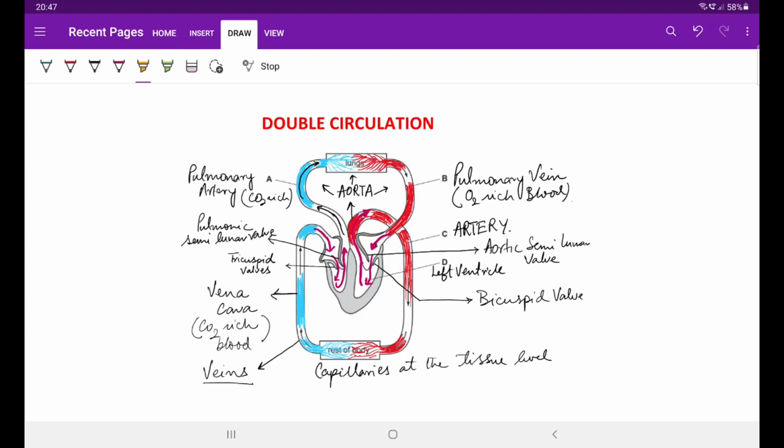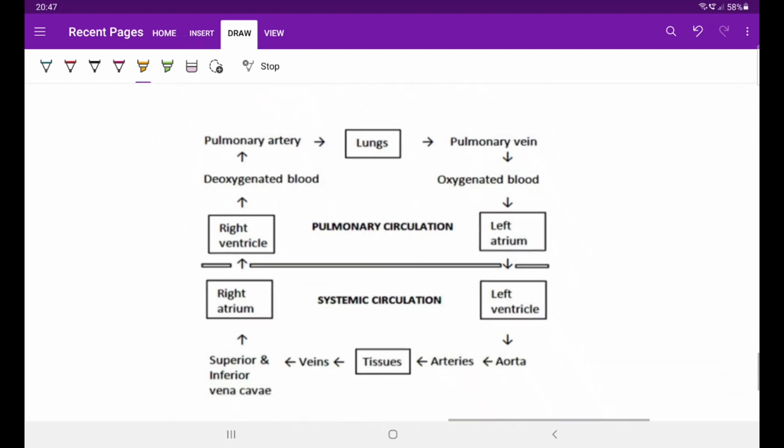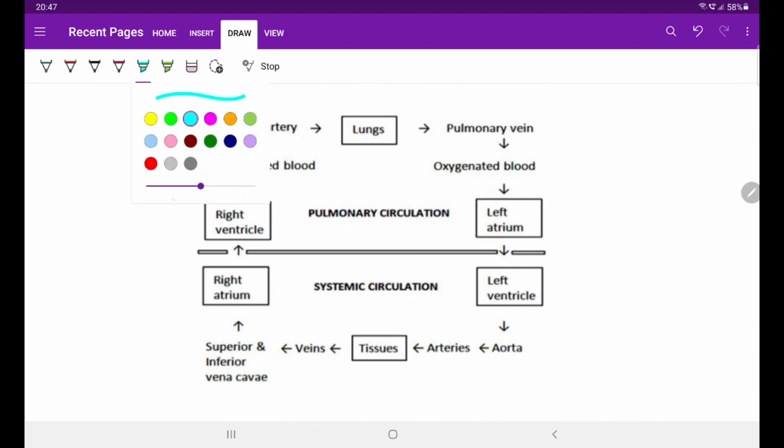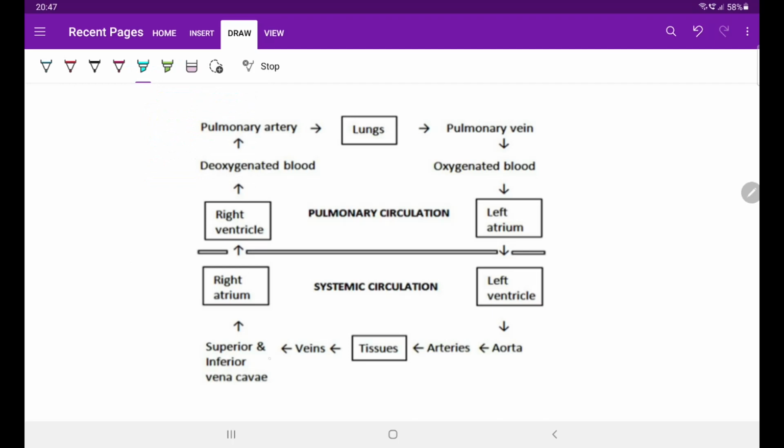The whole process of double circulation in the human body can be understood through a simple flow chart like this. Right atrium, which receives the blood through the superior and inferior vena cava, supplies the blood to the right ventricle.